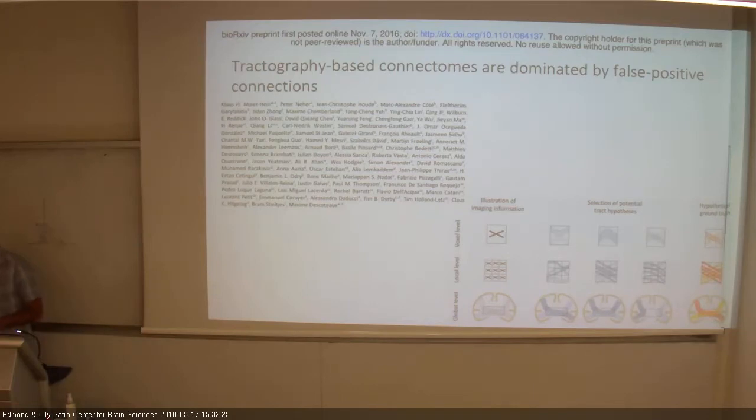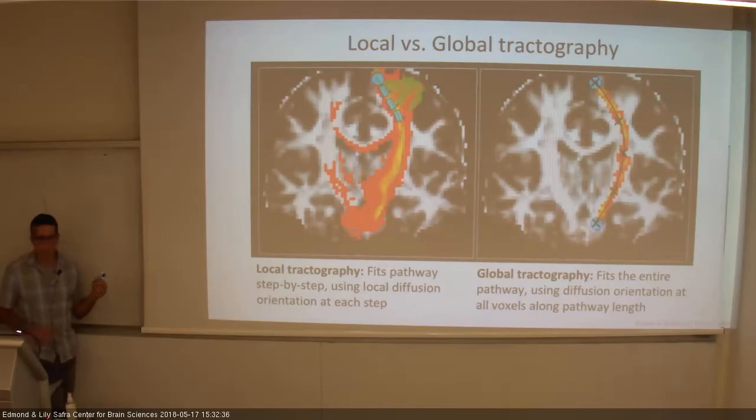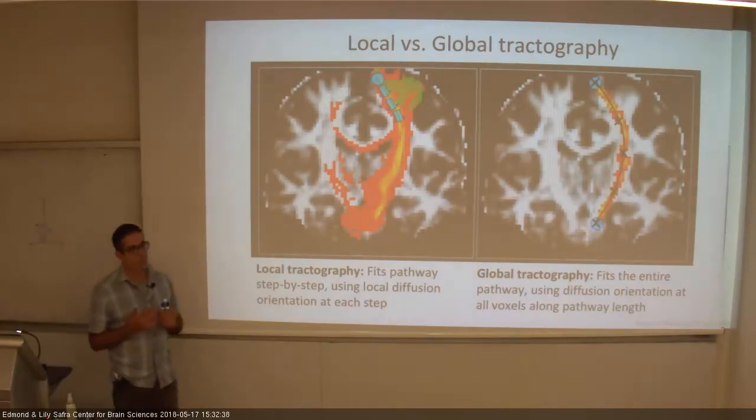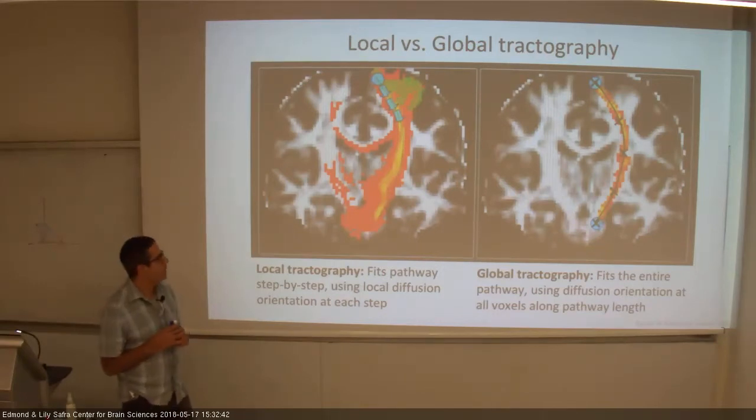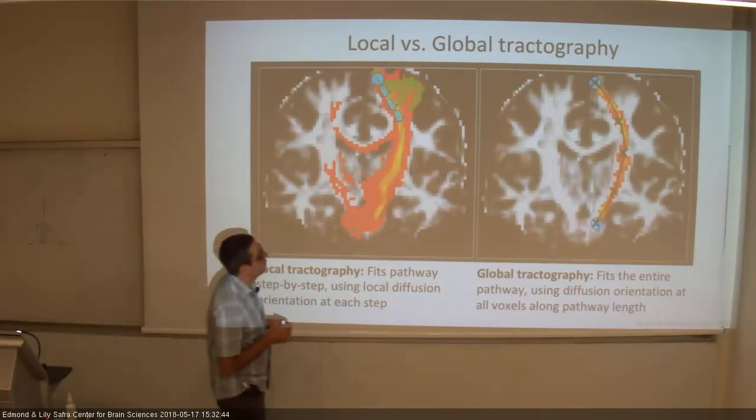One direction that was mentioned already, I think by Levy, is using the global information. That was missed until now, so can we use that? There are approaches called global tractography, and some people think this is the future. Here, instead of doing voxel by voxel, we try to fit globally.